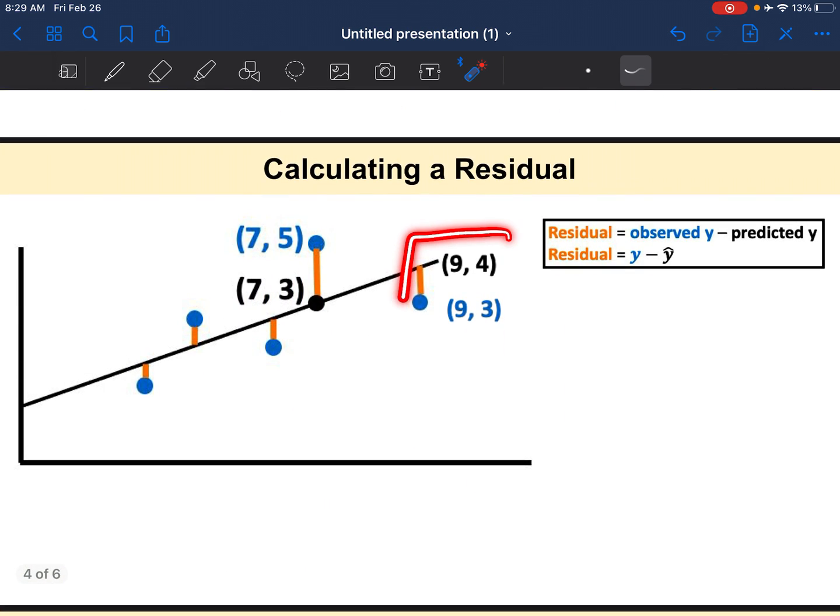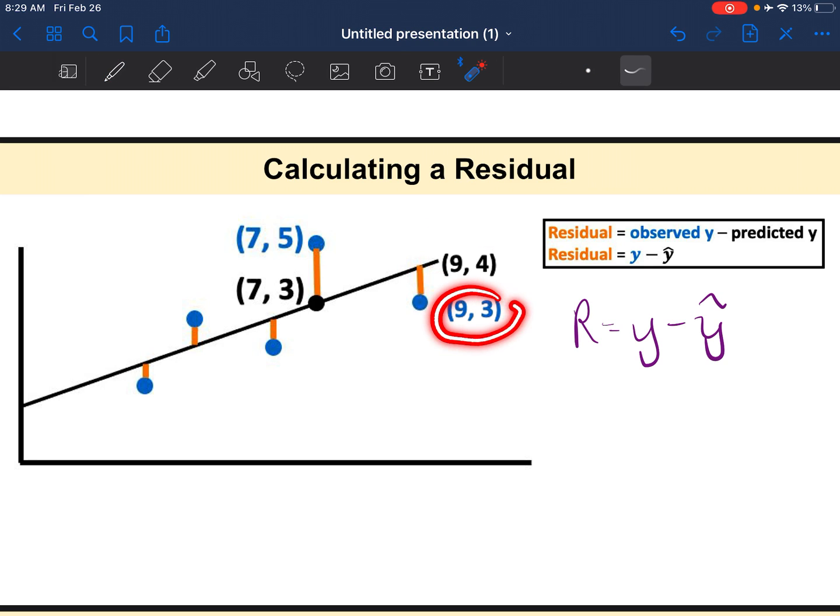Let's do another example, this time with this point. So I have my equation R equals y minus y hat. So actual minus predicted. I know that this is my actual because this is the point. My actual y value here is 3.